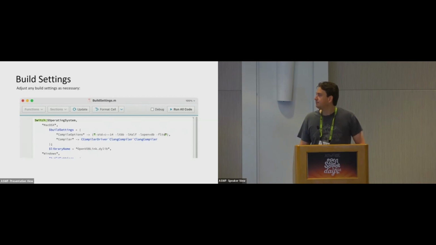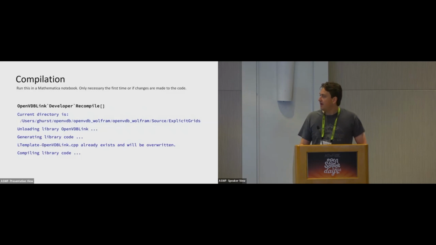I'm on Mac. And then within your Mathematica notebook itself, there's a function. It's hidden in a developer context, but it's OpenVDBLink`Developer`Recompile. This should be a one and done call. So this is compiling it on your machine itself. And then if all goes well, you'll never have to do it again unless there's an update or something like that. Currently, it takes about 5 to 6 minutes to compile, at least on my machine.